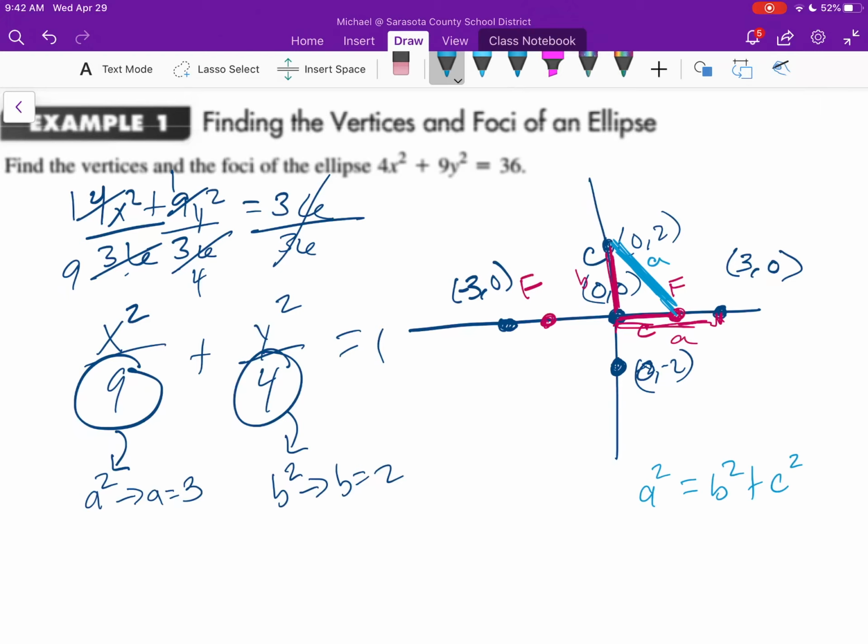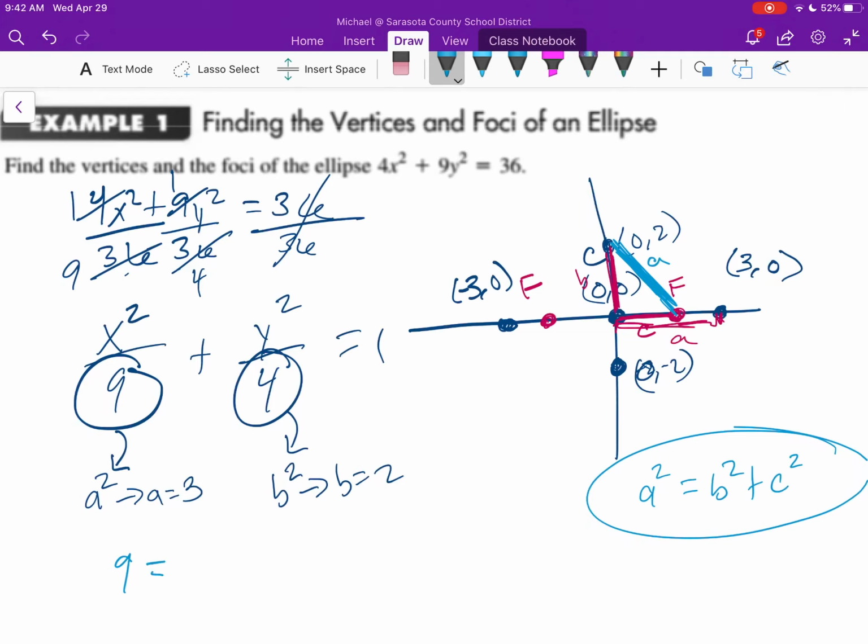Now, I know this is confusing because you're so used to a squared plus b squared equals c squared from the Pythagorean theorem. But remember, we're using lowercase a, b, and c in a different way in this case. We're labeling things differently. So this Pythagorean identity will help us identify what the distance from the center to the focus is going to be.